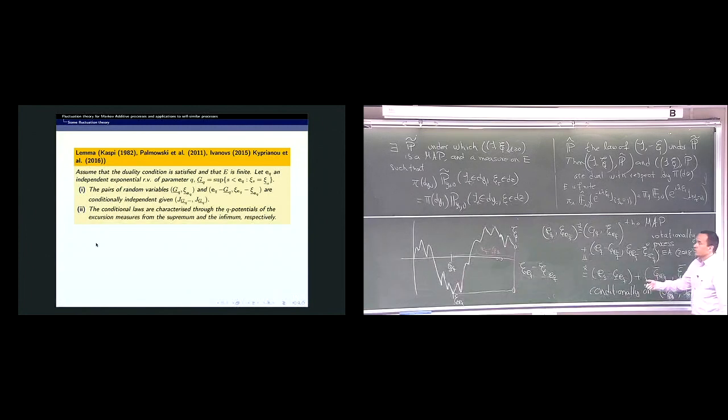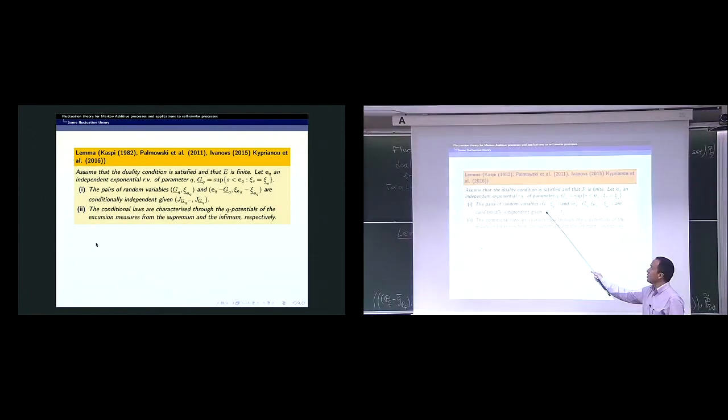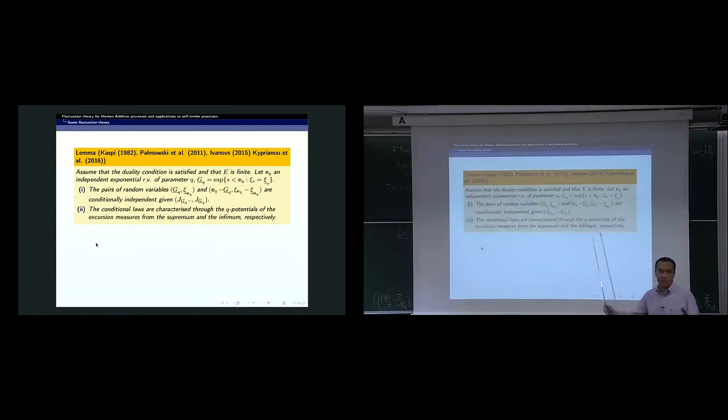So the excursion in this direction may be starting at a different color from the one here. Okay? So we still have the Wiener-Hopf factorization, but we need to condition on this environment, on these two random variables.